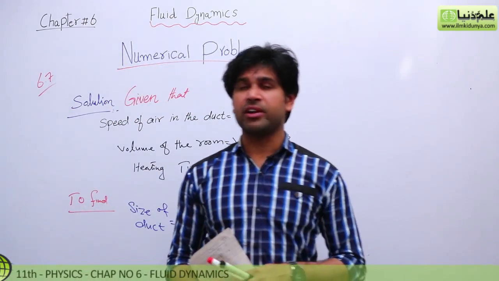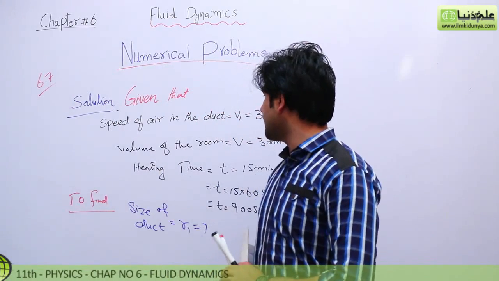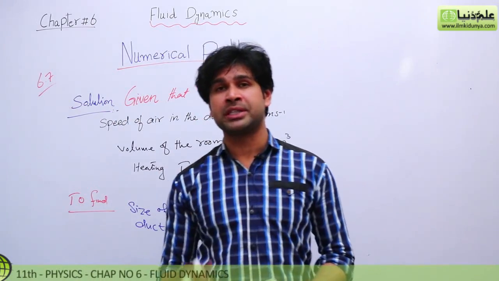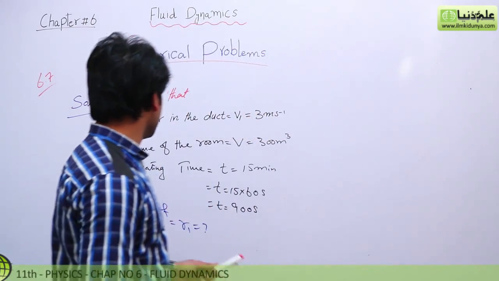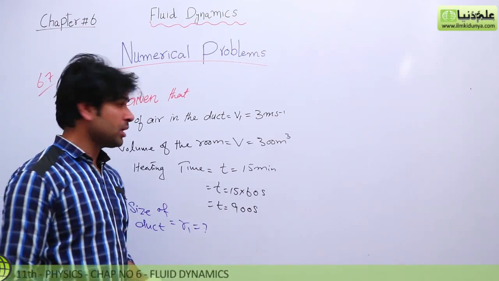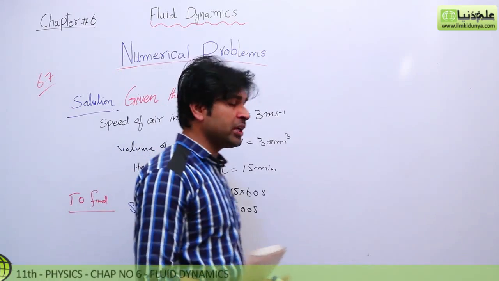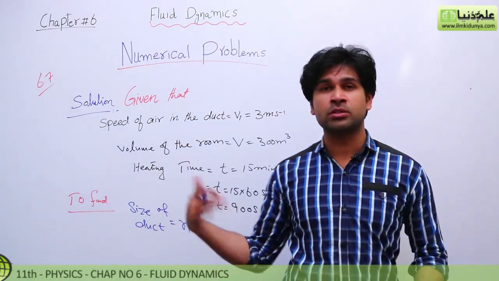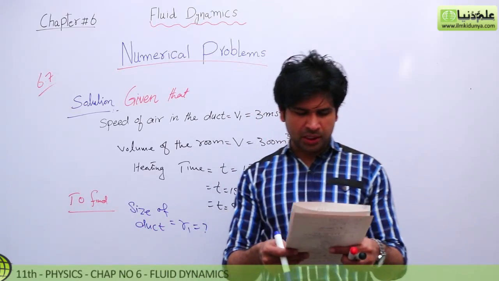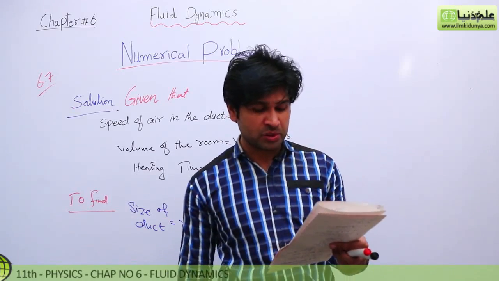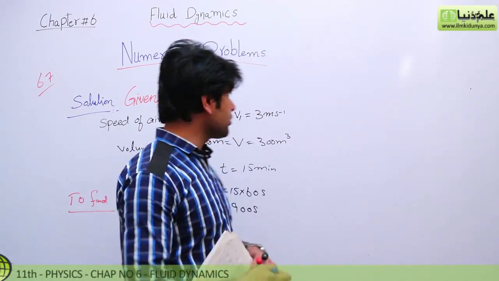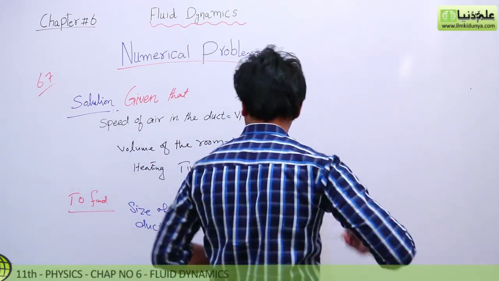So students, here we have the given data. Speed of air in the duct is 3 meter per second, denoted as V1, the volume of the room V is 300 meters cube, and the heating time T is given as 15 minutes, which we have converted into seconds. So students, to solve this numerical problem, we will use the equation of continuity formula.